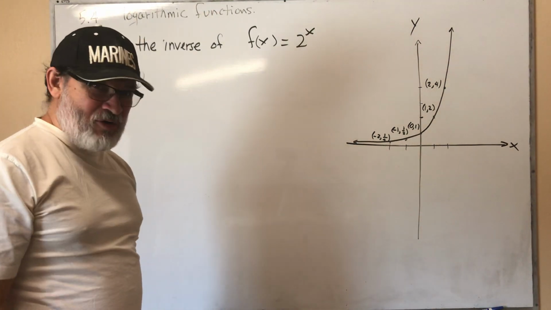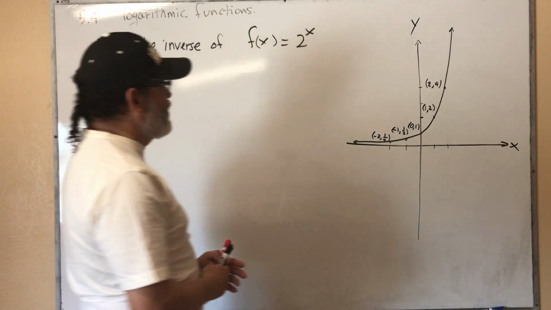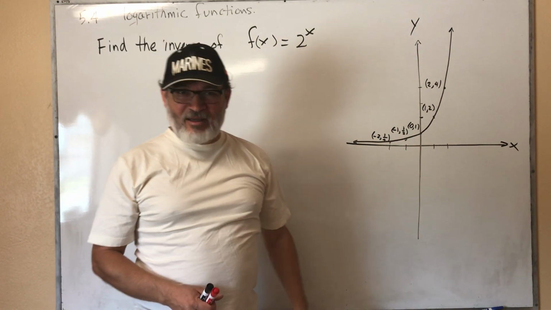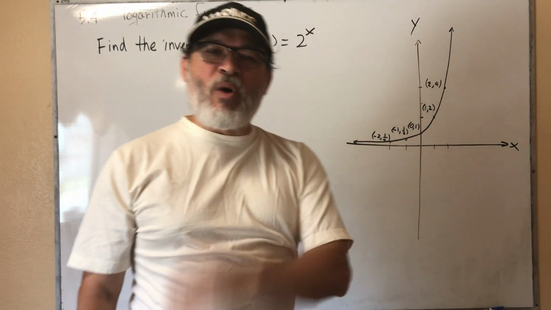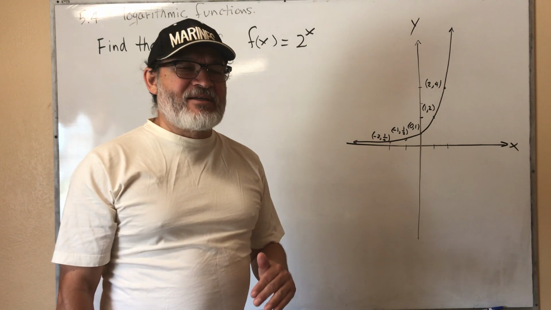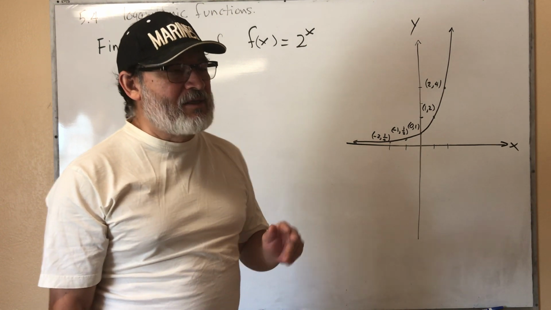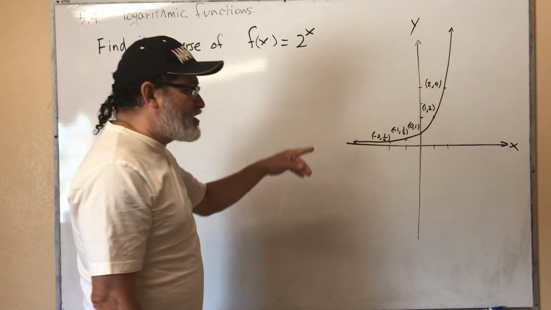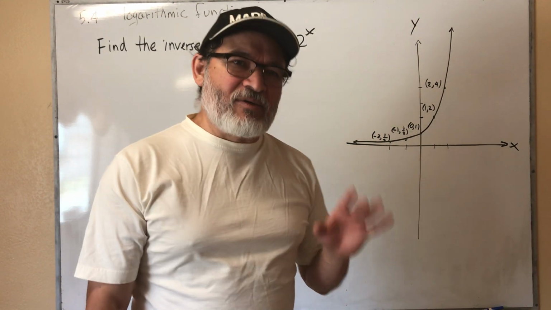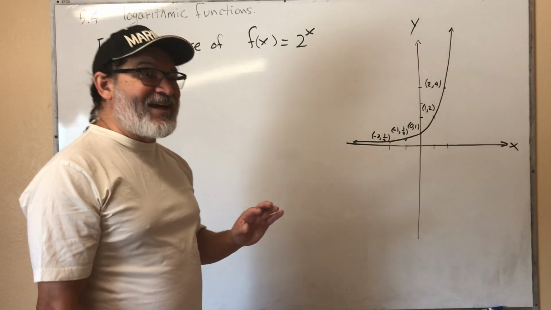Oh, by the way, this function is 1-to-1. Why? Well, it passes the horizontal line test. That's why this function is 1-to-1. So it is invertible.